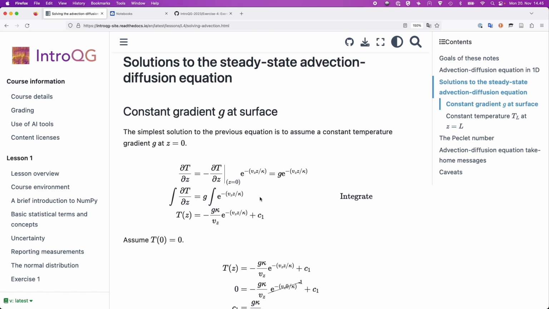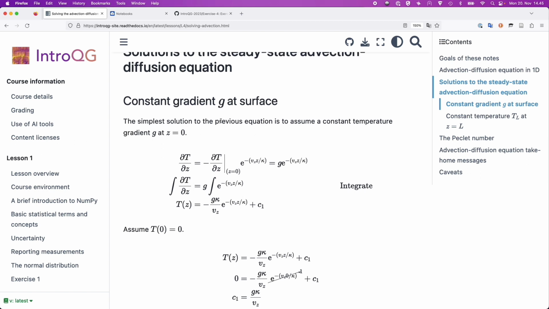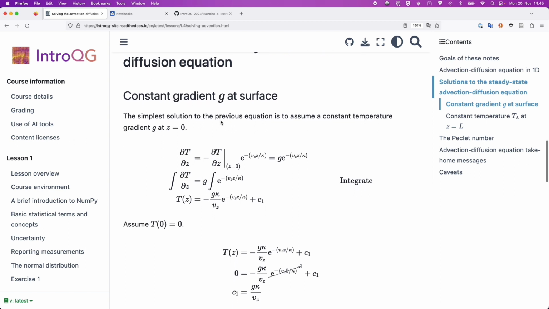with me just reading off the web page to you, but if it's in your interest, you can look through there and see examples of how to solve, for instance, the 1D advection-diffusion equation with the assumption of a constant temperature gradient at the surface. That's the easiest boundary condition to use for the solution, to get something where you get temperature as a function of depth equals some stuff.